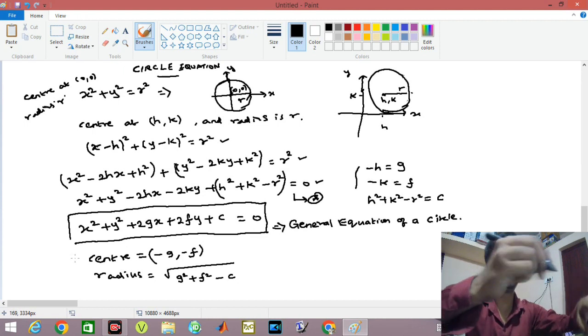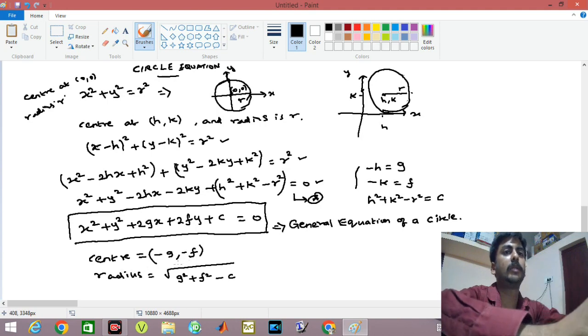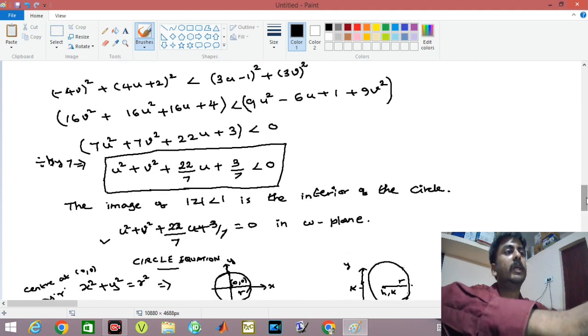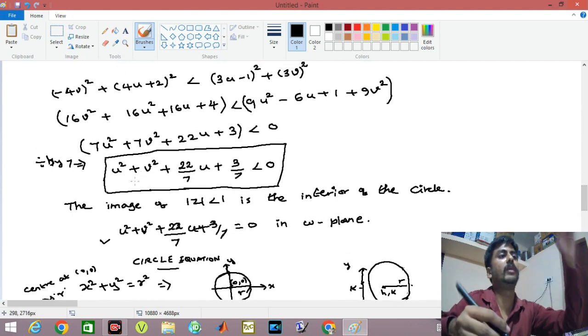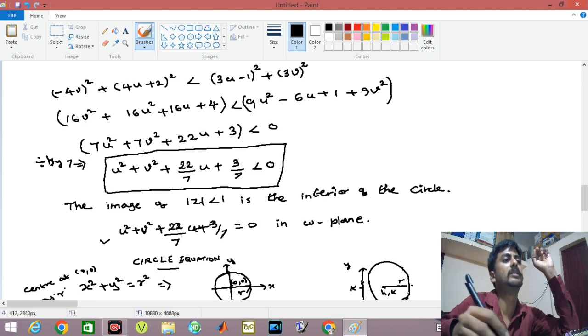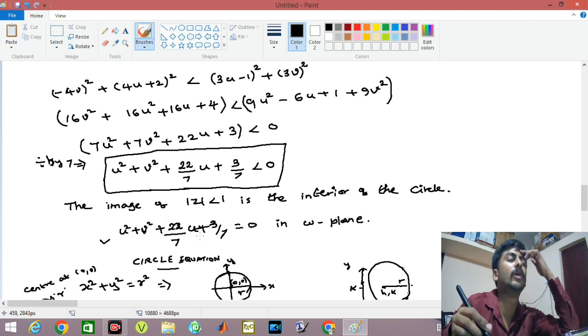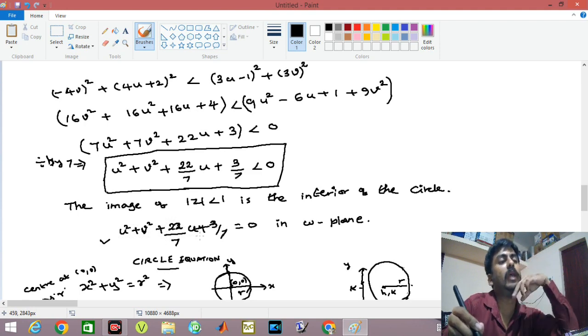Now you can understand why we call x square plus y square plus 2gx plus 2fy plus c equal to 0 the equation of circle.